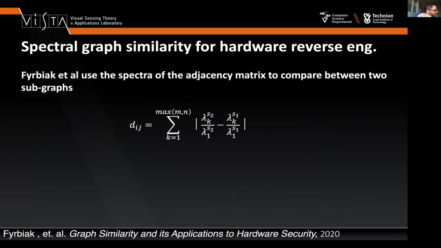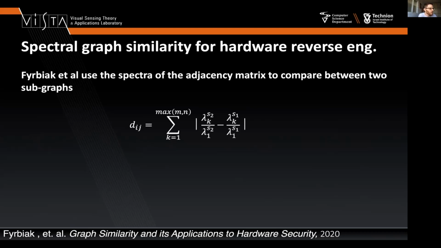Let me start by exploring a little bit of literature. Recently there was a work by Firbiak et al. that I think is really a landmark in this area of hardware reverse engineering, because they built a framework to process graphs. It's almost a complete framework that starts with the chip, then you get the netlist, and you do some pre-processing to allow us to analyze it, and then they define a scheme to do approximate graph isomorphism based on spectral descriptors.